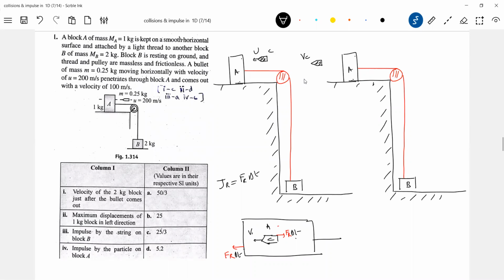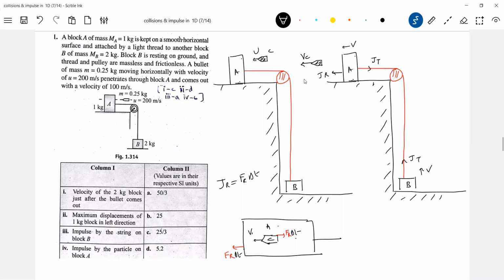So let me take velocity of the bullet, Vc. Tell me in what direction the impulse due to resistive force, Fr into delta T. So shall I show that impulse Jr like this? Then the string will jerk. So in what direction do you expect the block to move? In this direction. Then the string suddenly jerks due to an impulse.